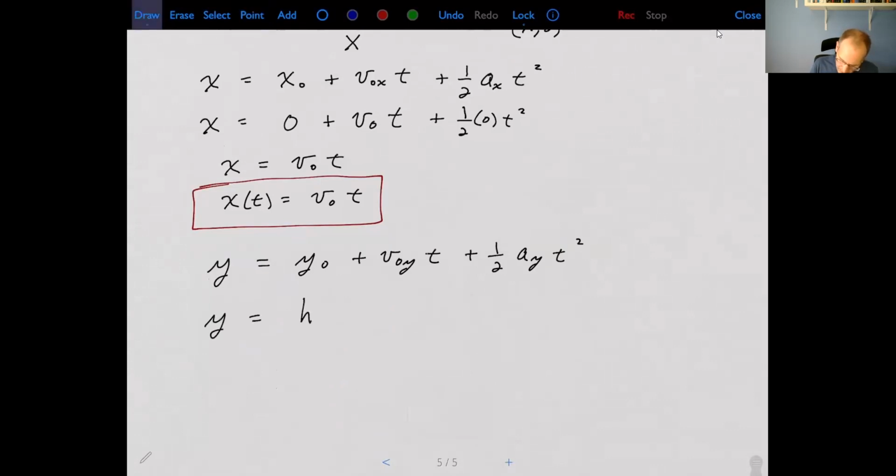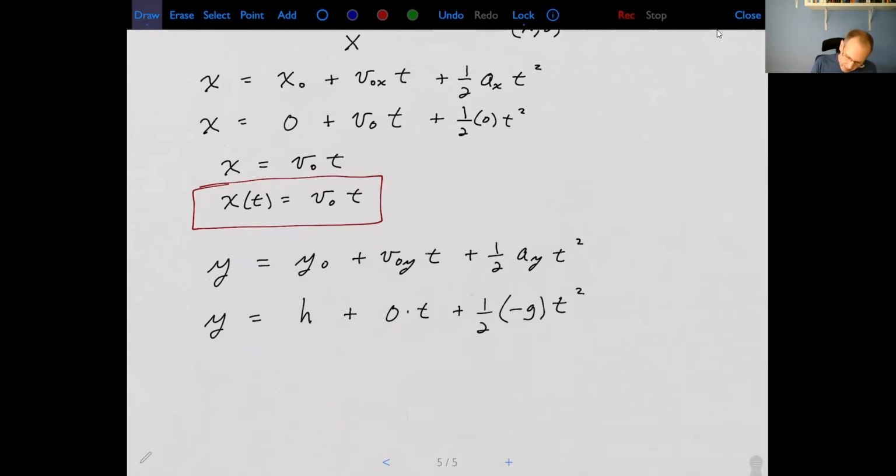So this is going to be H. What is the initial velocity in the Y direction? Well, it's all in the X. There's no velocity in the Y, so this is 0. And then what is the acceleration in the Y direction? Well, we know that that is negative 9.8 or negative 980, depending on what unit. So I'll just call it negative G, times T squared.